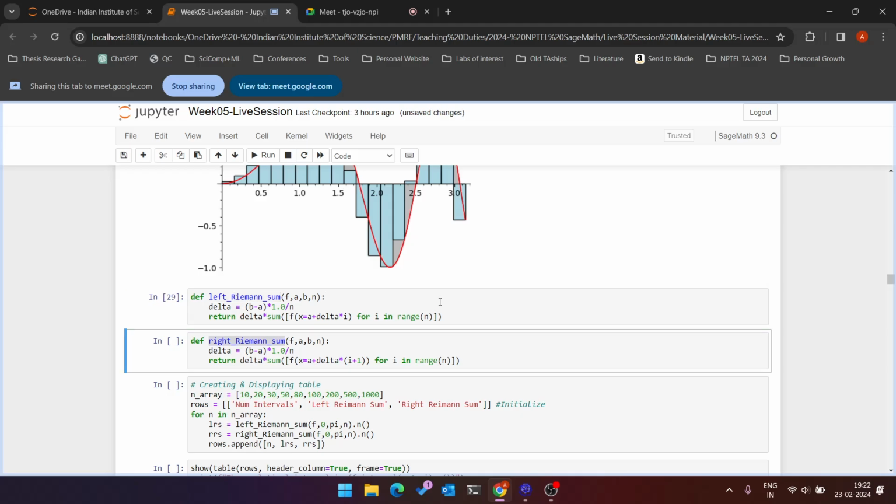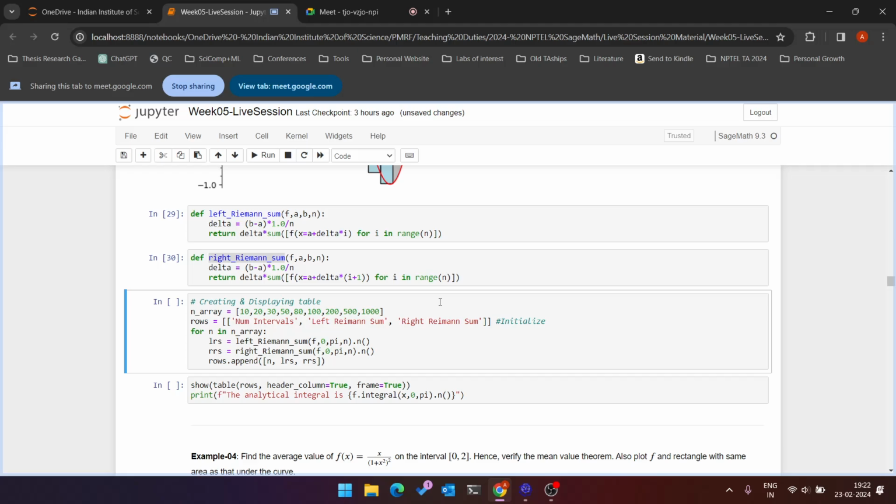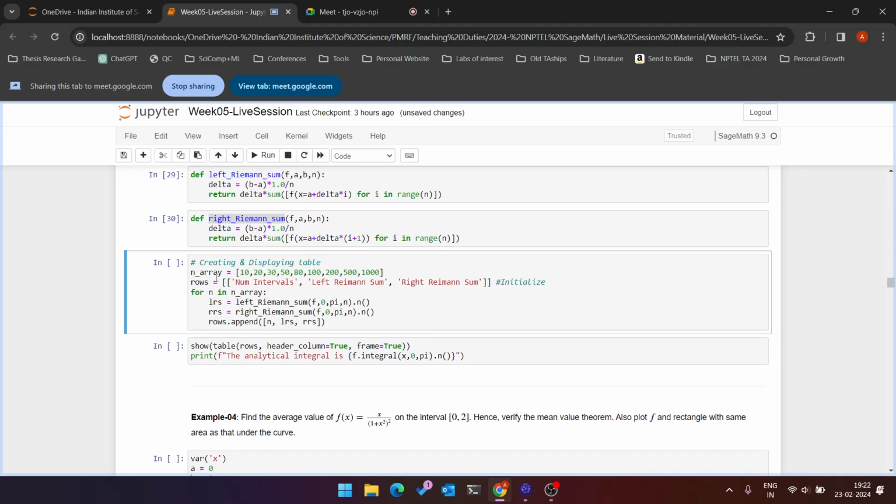I have defined these two simple functions here, and then I'm creating a table wherein I'm giving an array for the number of bins. They vary from 10 to 1000, and for each n in this array, I'm calculating the left Riemann sum and the right Riemann sum, and appending them to a list called rows.